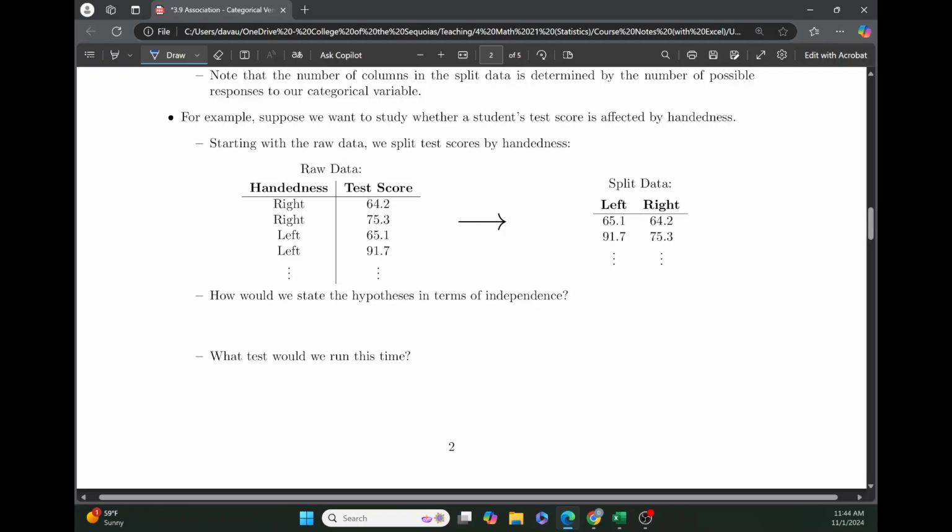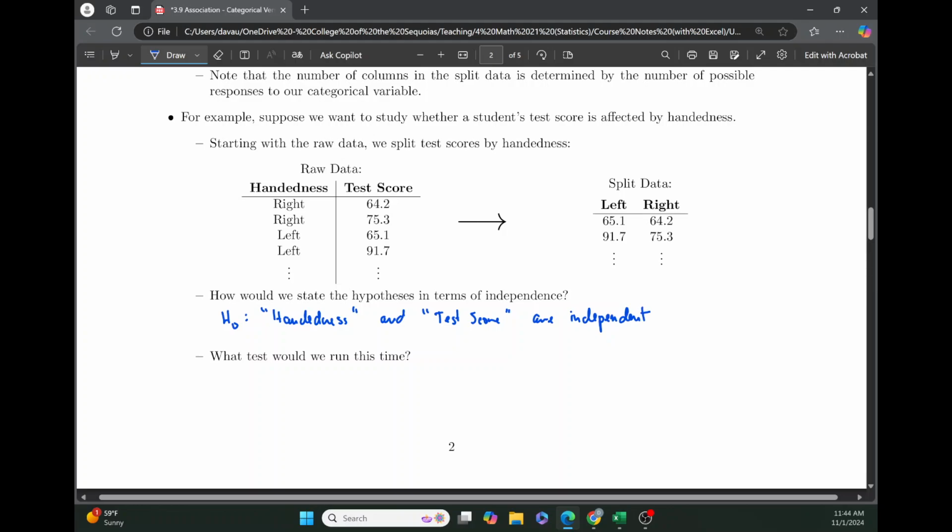In this case, we would state our hypotheses in terms of independence in a similar way. We would say handedness and test score are independent.